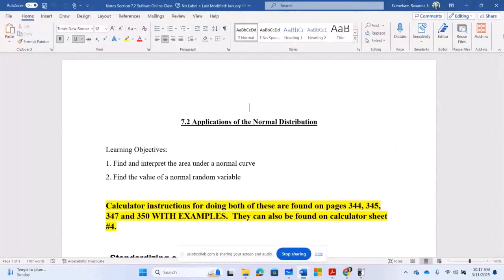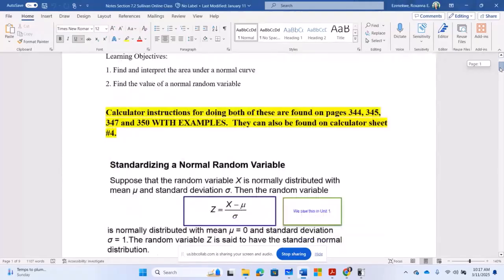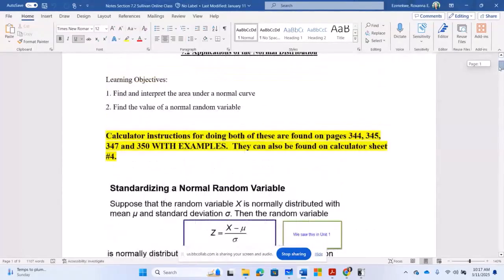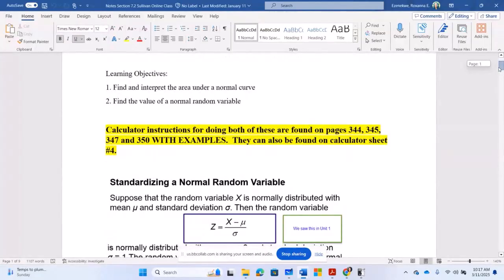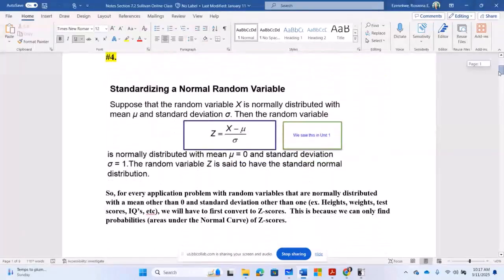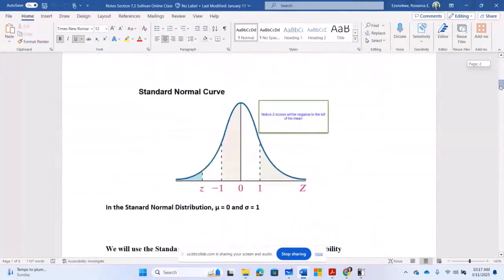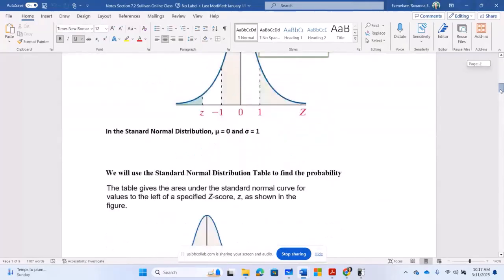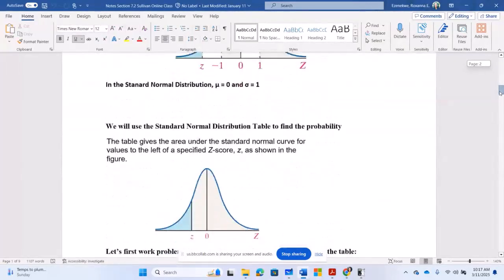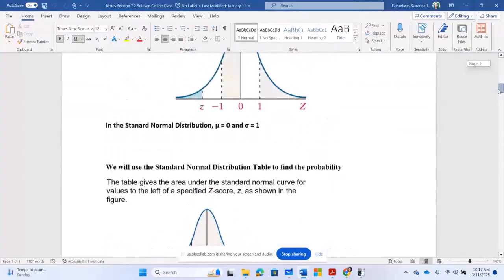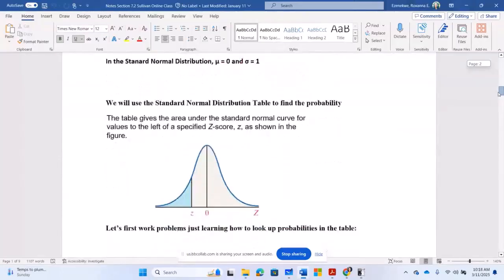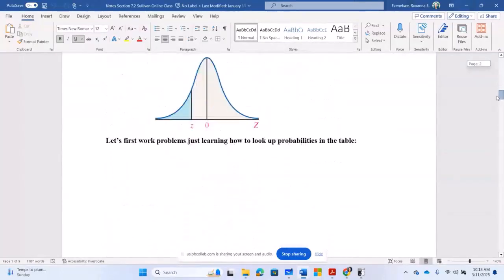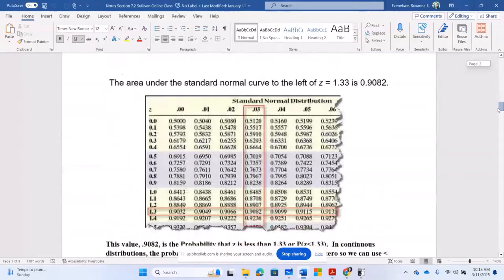So if you're given, you remember we also found the z-score. So calculator instructions for doing both of these are found in pages. Okay, we're not looking for the pages. So here I can be told to find the area between -1 and 1. I can use the chart. I can be told to find the area between mean equal to 0 and z-score equal to 1.